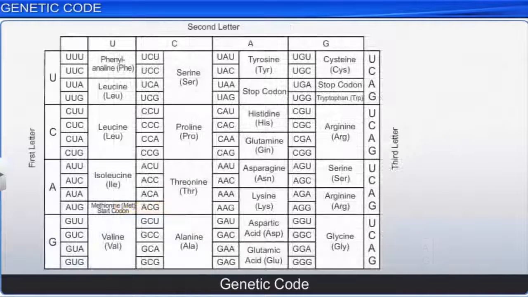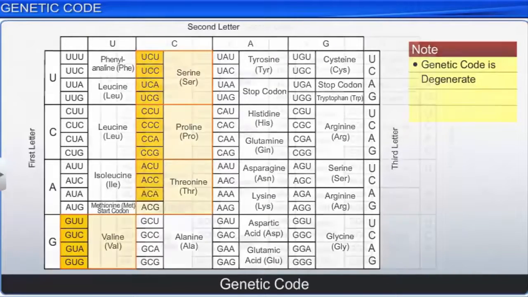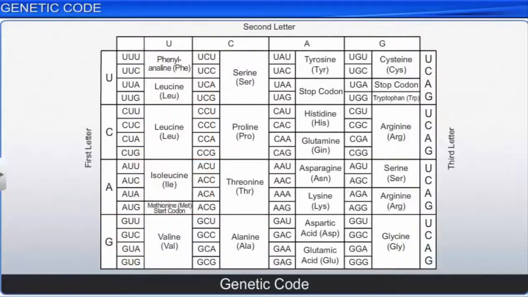The genetic code is also degenerate, which means that many different codons encode a particular amino acid. Take the case of serine, which is coded by 6 different codons including UCU, UCC, UCA, UCG, AGU, and AGC. Phenylalanine, on the other hand, is coded by codons UUU and UUC.